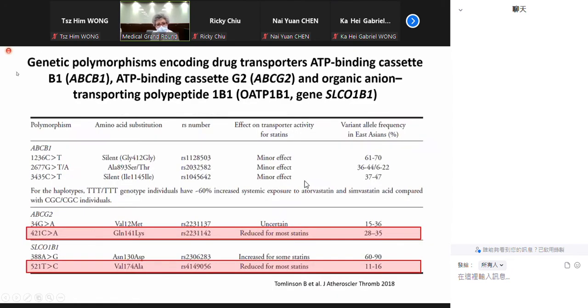So this is really just showing you some of the genetic polymorphisms. These are the ABCB1 gene, and there are these SNPs. I think by now you should be familiar, because genomic medicine is going to come into practice, so you need to be familiar with the language. Some of these SNPs are associated with amino acid change. All these SNPs are given a certain number and depend on the code, whether this is C or T, this is where the polymorphism comes in.